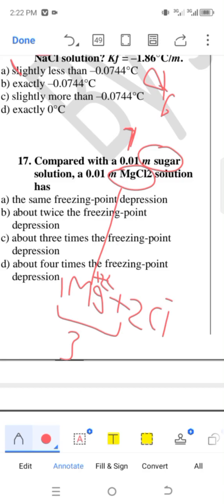They have the same concentrations. So the effect of MgCl2 based on the ion factor is 3 times the sugar, because the ion factor of MgCl2 is 3 and the factor of the sugar is 1. So the solution has about triple the freezing point depression of the sugar.